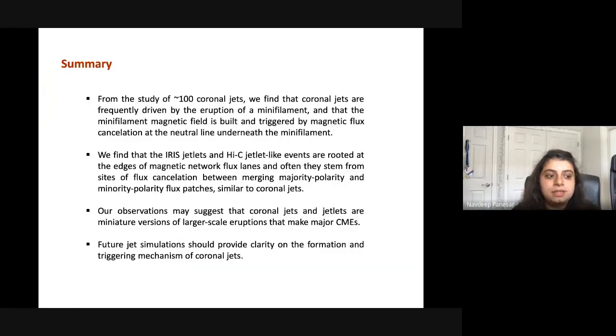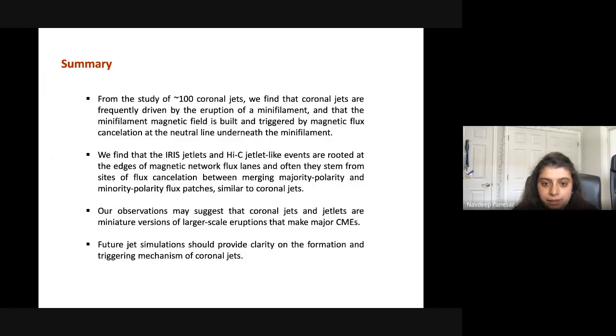Okay, here is the summary of my talk. From the study of about 100 Chromo jets, we find that Chromo jets are frequently driven by the eruption of a mini filament, and that the mini filament magnetic field is built and triggered by magnetic flux cancellation at the neutral line. We find that IRIS jetlets and Hi-C jetlets are rooted at the edges of magnetic network flux lanes, and they often stem from sites of flux cancellation between merging majority polarity flux and minority polarity flux.